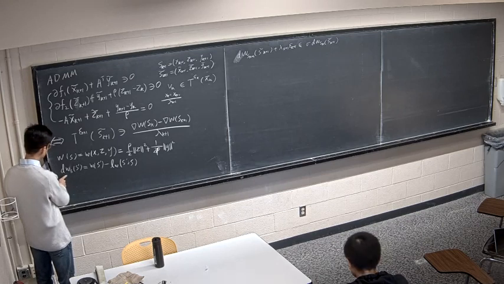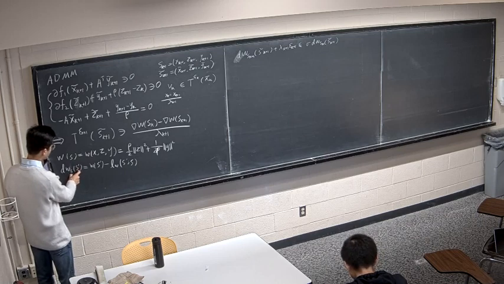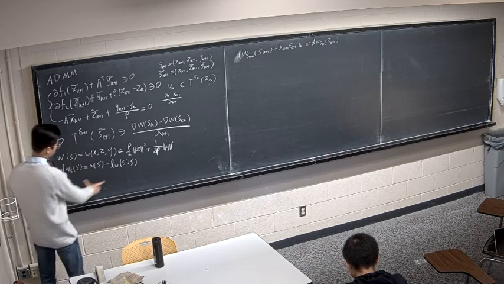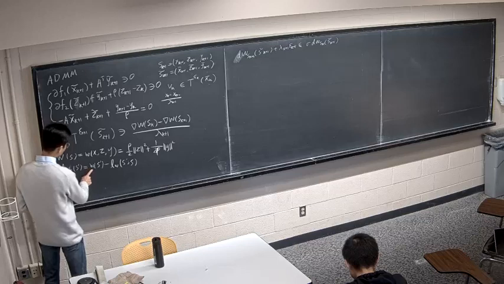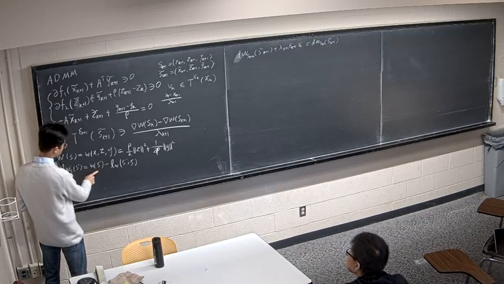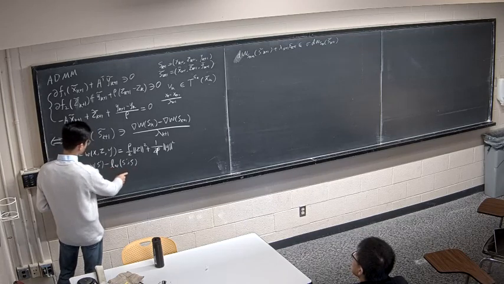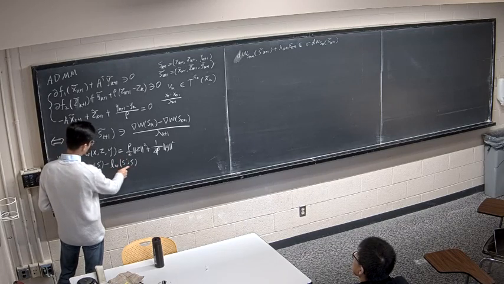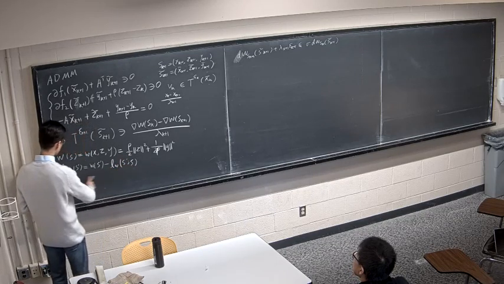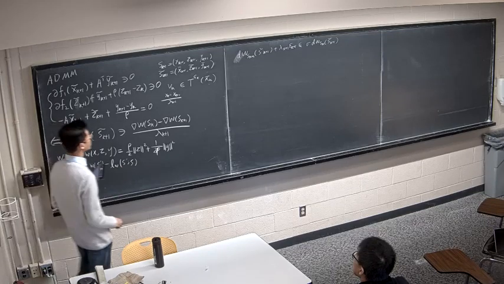Bregman divergence for the distance generating function W between two points s and s prime is defined as the difference between the function W at a certain point s prime minus the linearization at s evaluated at s prime. Okay, so this is the same definition for Bregman divergence.